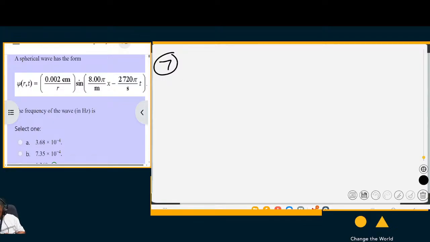I just want to check something. 8 pi r, you just multiply all throughout by r. Yes, I do have the correct formula. Pi t, it's meters, seconds, r meters.